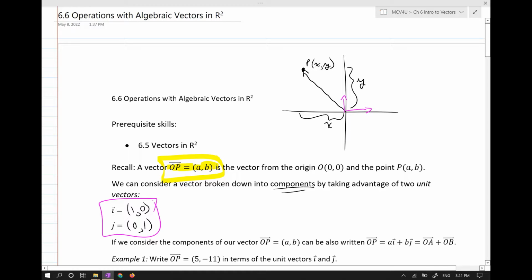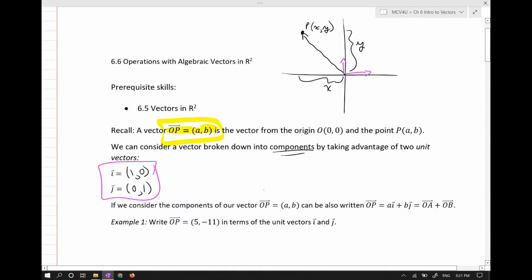You'll sort of see what we mean as we talk about it, but really it means if OP is equal to (a, b), then our x-coordinate a, remember that's a scalar quantity, can be multiplied by i, which is a vector, plus our y-coordinate b can be multiplied by our y unit vector, j. So we'd be working with ai plus bj.